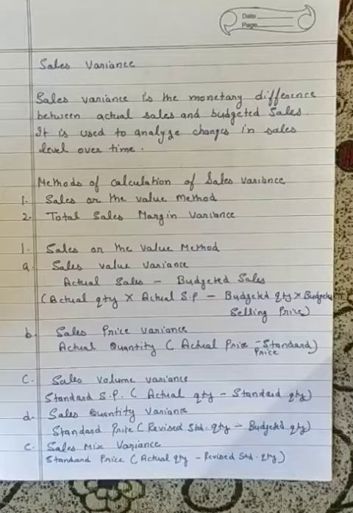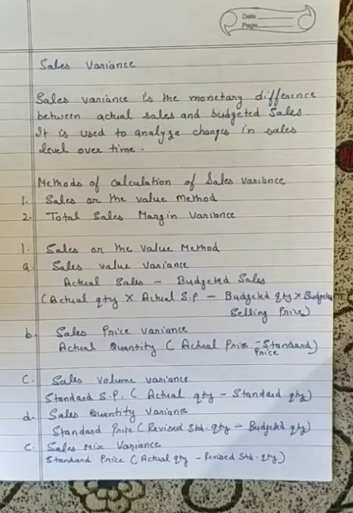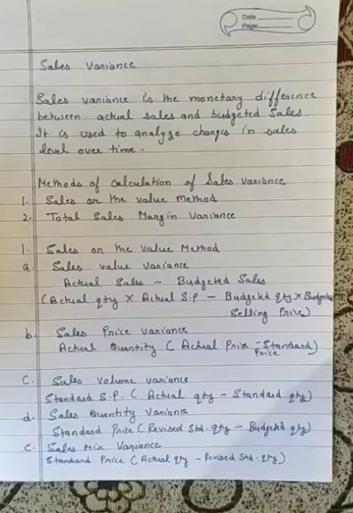Now there are two methods of calculation of sales variance. The first method is the sales or value method, and the second method is the total sales margin variance. In the first method, the sales or value method, we take the value of a sale to calculate the sales variance.